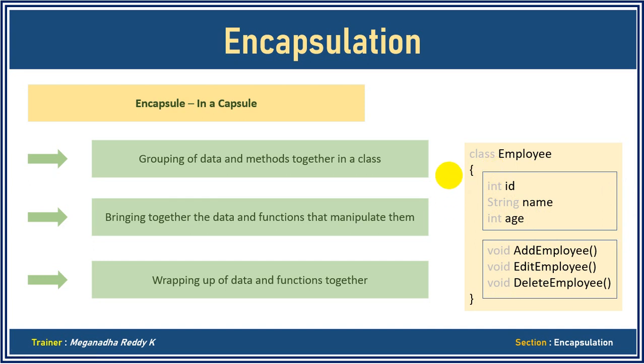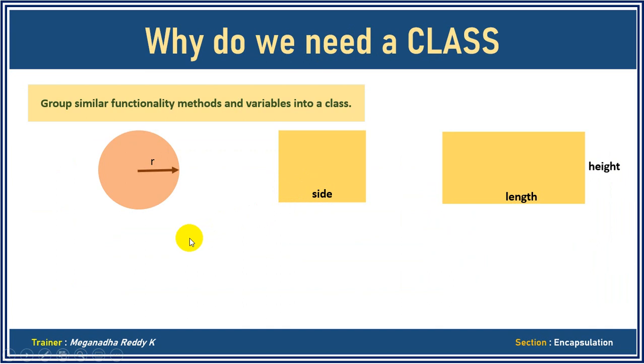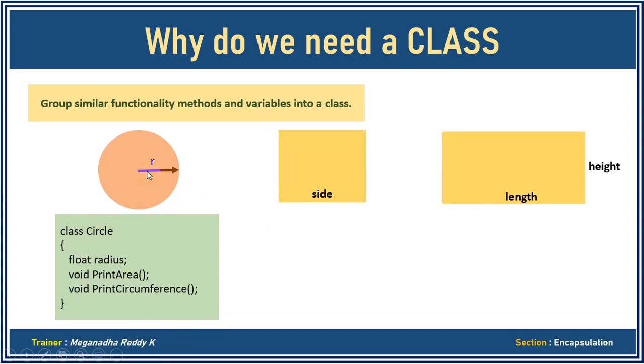Now we'll see some examples of similar functionalities. Here we have different geometrical shapes: one is a circle, one is a square, one is a rectangle. We can group everything related to a circle into a class called Circle. We have float radius, print area will print the area, and print circumference will print the circumference.